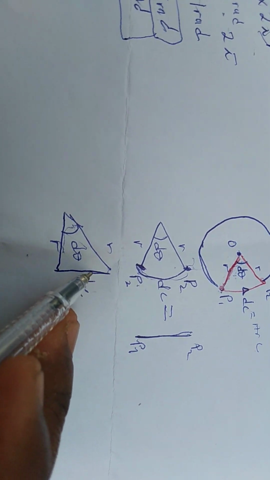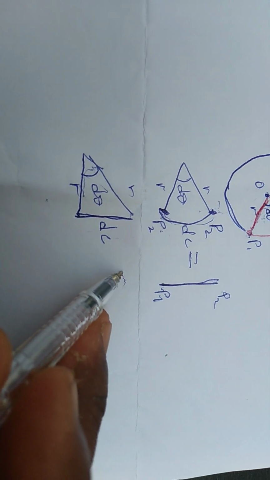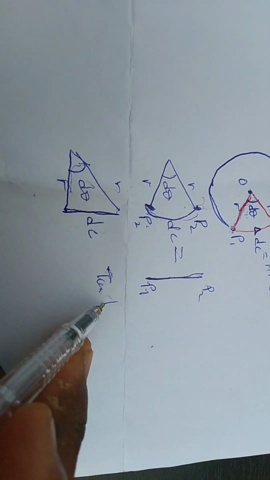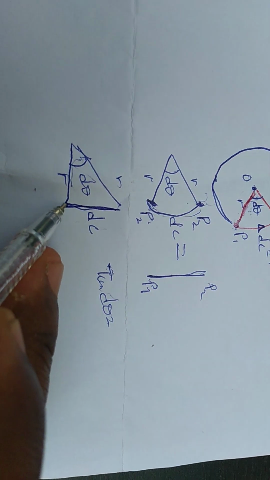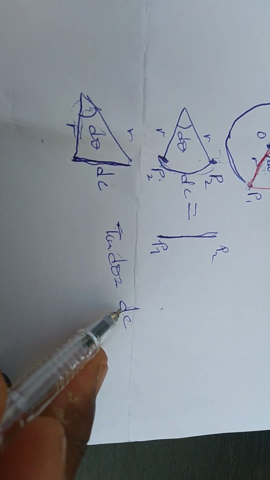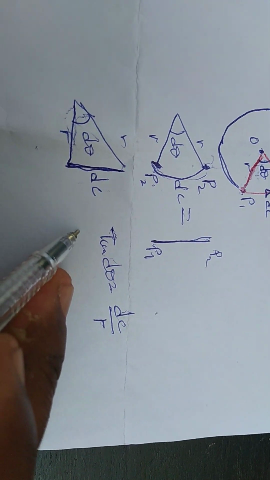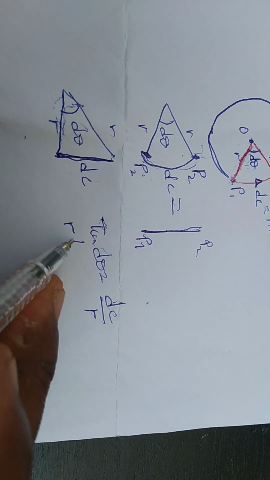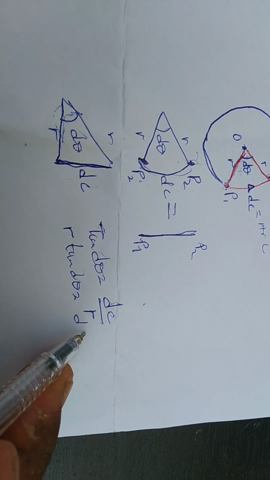Now, to find the length of this DC, we use trigonometry. We know that tan theta is opposite over adjacent, that is DC divided by the radius. Cross multiplying, I have r tan theta is equal to DC.